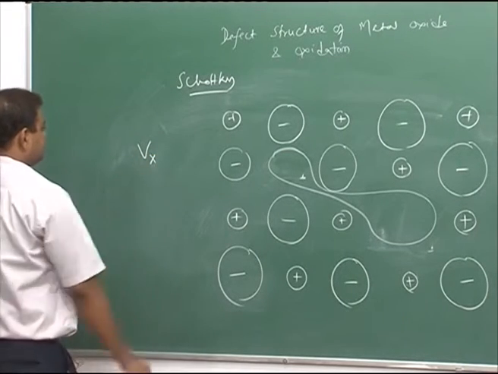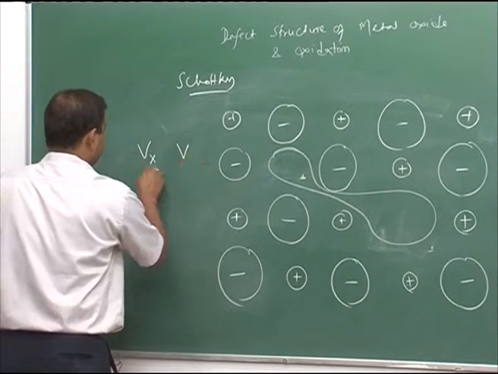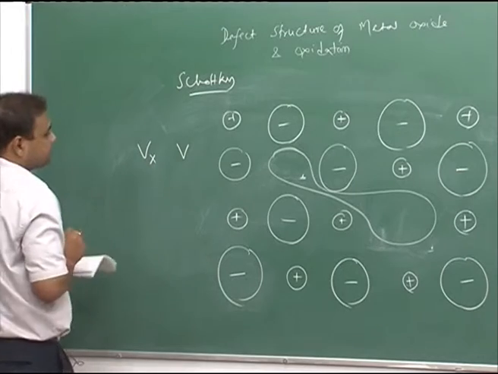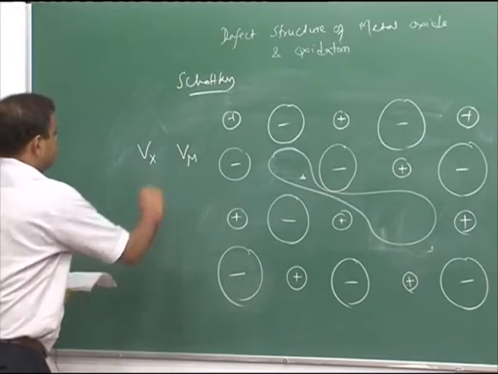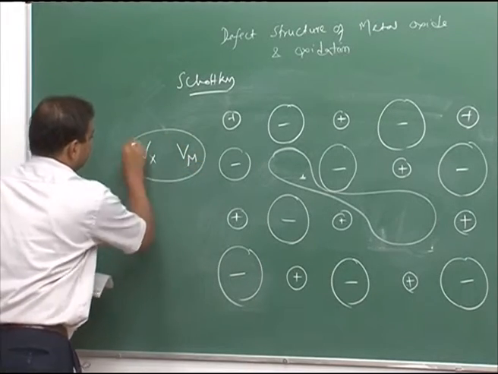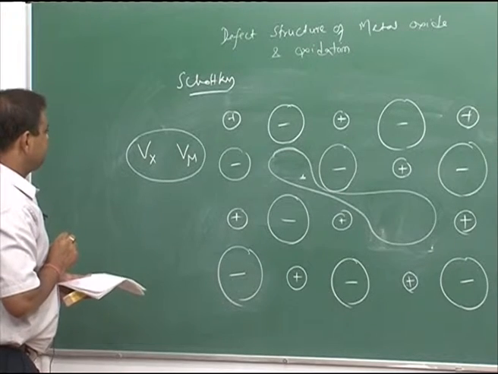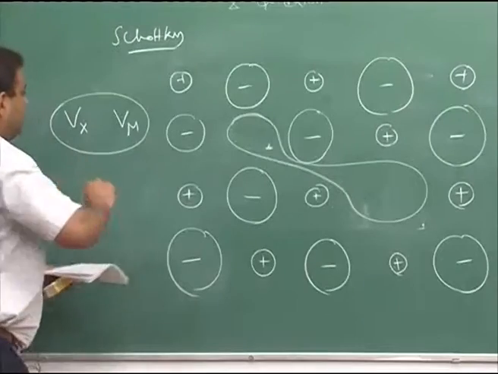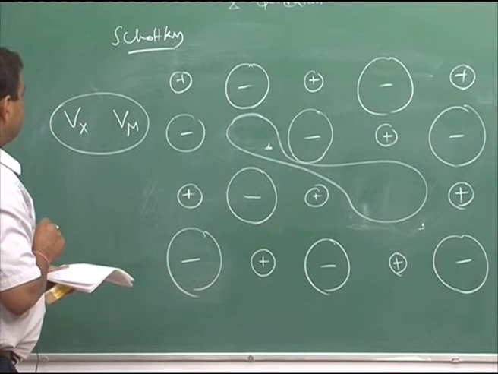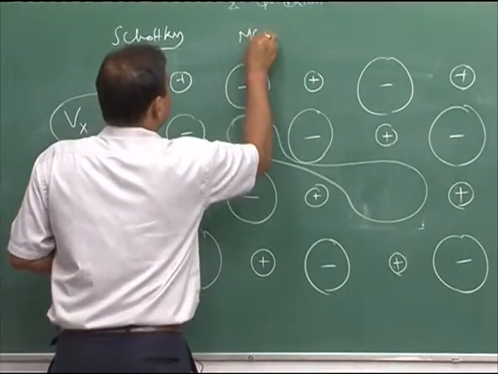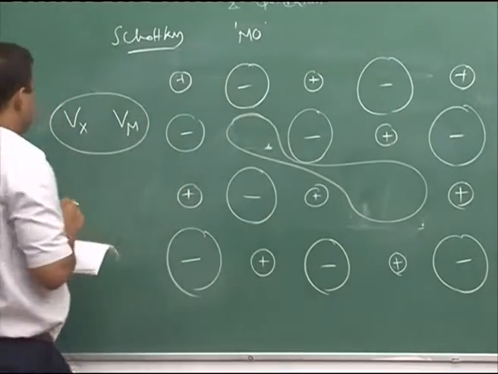Let us say the anion is denoted as X and the cation is denoted as M. The same number of cations and anions are missing from their normal lattice points, and so the overall MO stoichiometry is maintained.